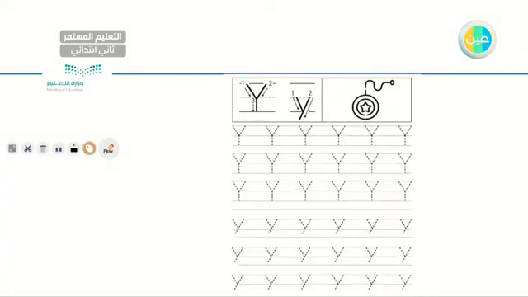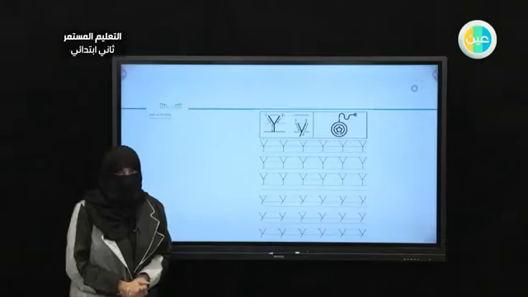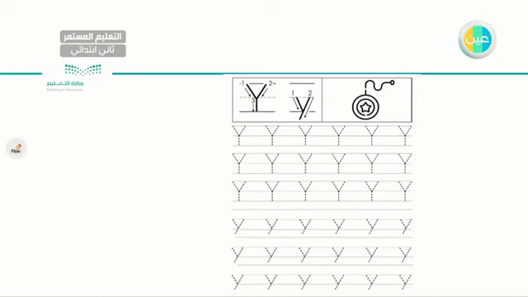Next, we have the letter Y. Letter Y. To your left, I will write a huge capital Y. Or, this is a capital Y. Now let's write them between the lines. As you can see, just follow these steps.